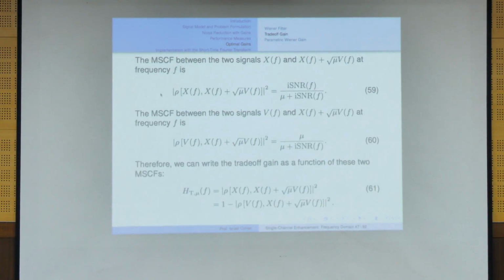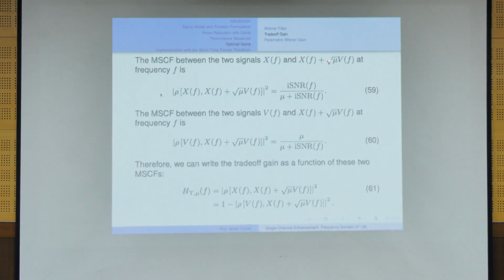We can also talk about the magnitude squared coherence function between x and x plus something. When we talked about the Wiener gain, we talked about the coherence function between x and y. Here we define something different.